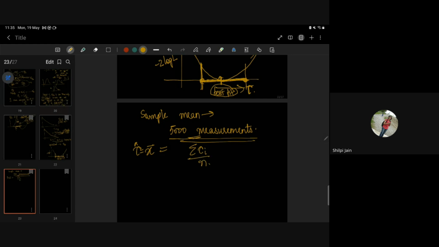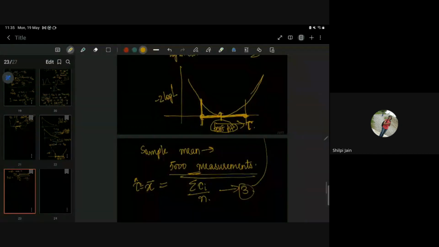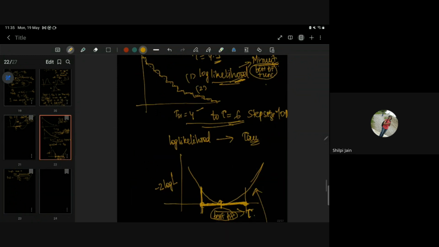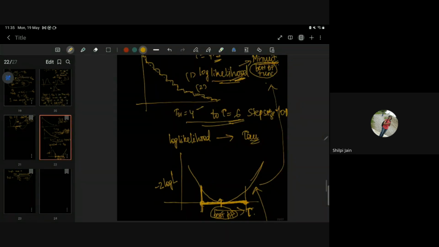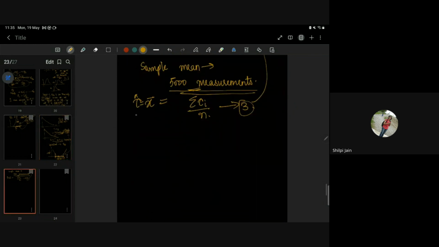Okay, then you can compare this thing with this thing, and then with what you get with Minuit. And then the uncertainty on this tau hat parameter, meaning sample mean. Remember how it goes? Its variance is given as sigma square by n.